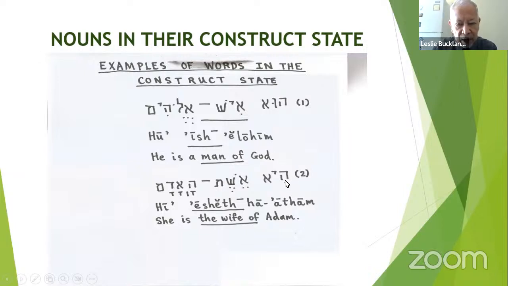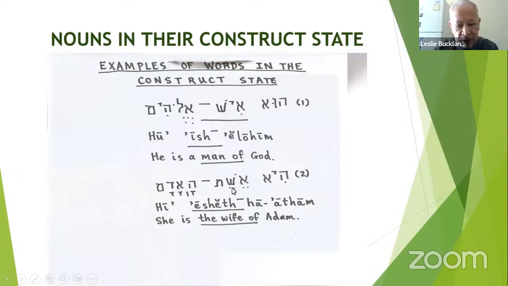In number 2, we have he, esheth, ha, adam. Now, he is the personal subject pronoun she. Esheth is how isha looks in its construct state. So it is spelled differently. When you see it like this, you know it's in its construct state.